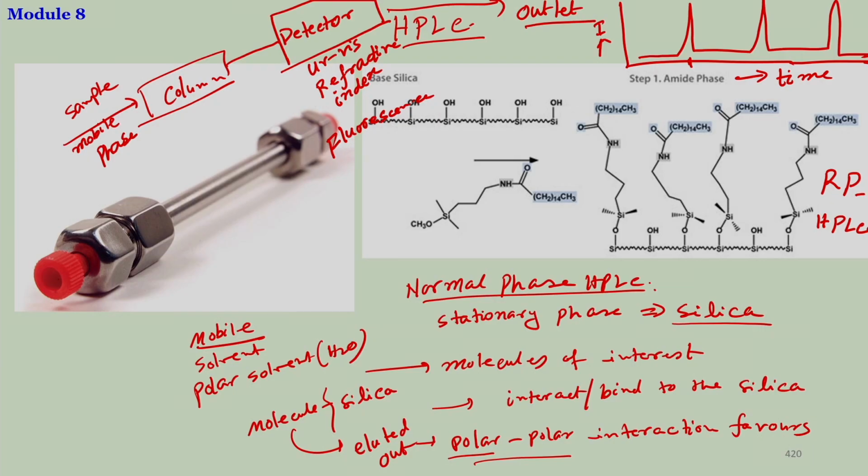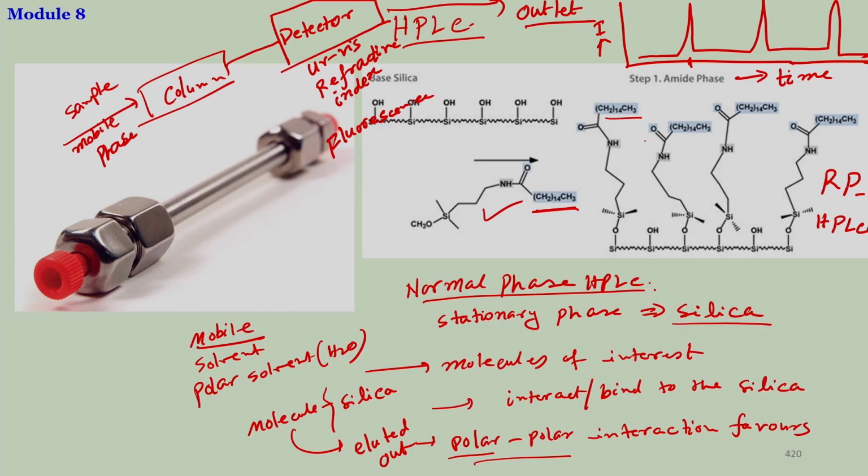That is why you are reversing the phase, and that is done by reacting the silica with this compound. At the end, it has a long carbon chain. So, C14, C15, 16, total 18 carbons are here, long carbon chains. So, they are very much non-polar obviously, and they are hydrophobic in nature.